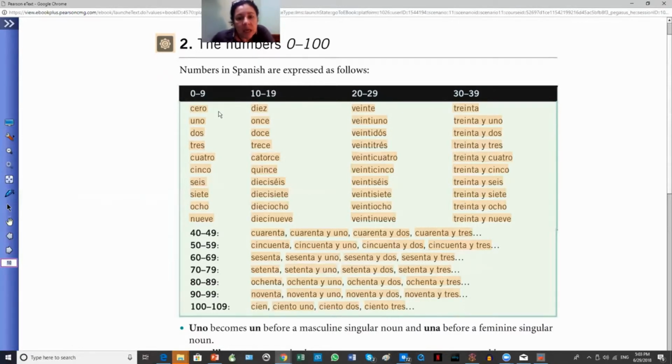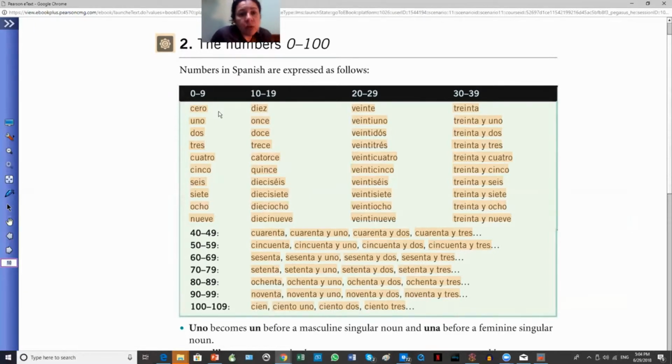From 16 to 19, we have a combination of 10 plus 6, 10 plus 7: diez y seis, diez y siete, diez y ocho, diez y nueve. I'm saying this so it helps you memorize them, it helps you study them, okay? So notice that we have that combination from 16 to 19, but it doesn't stop there.